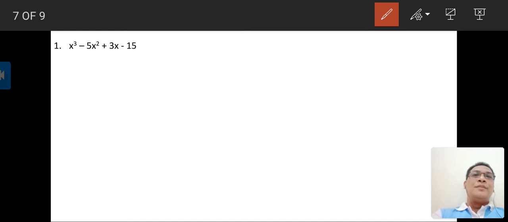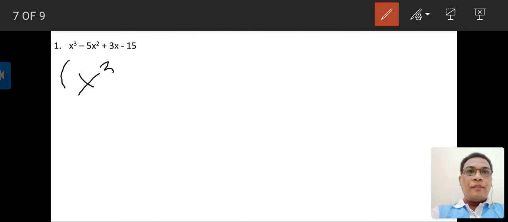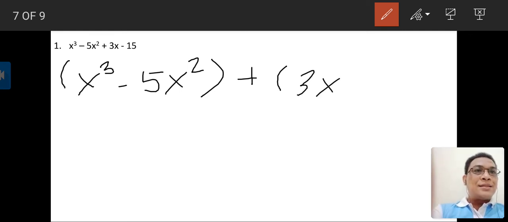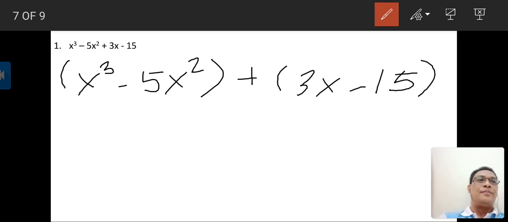So we have here x cubed minus 5x squared. That will be your first group. Plus 3x minus 15. Here we can have your GCF on your first group.